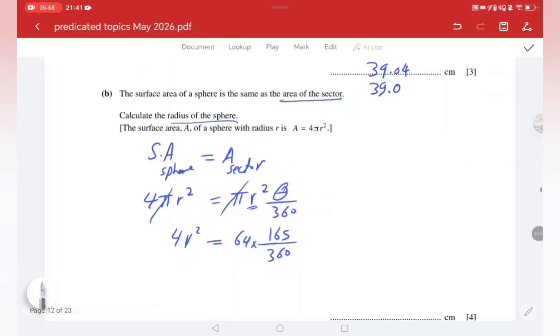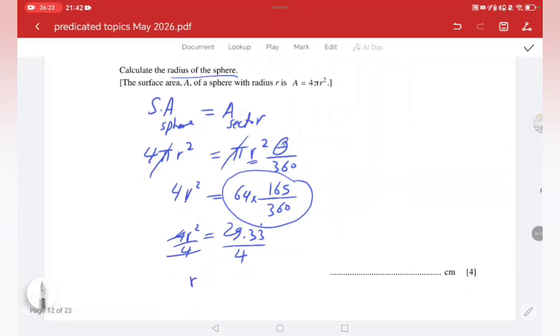Now let's calculate this number and then divide by 4, then take the square root of the answer. So 64 times 165 divided by 360, and the answer is 29.33. And here 4r squared, divide both sides by 4.